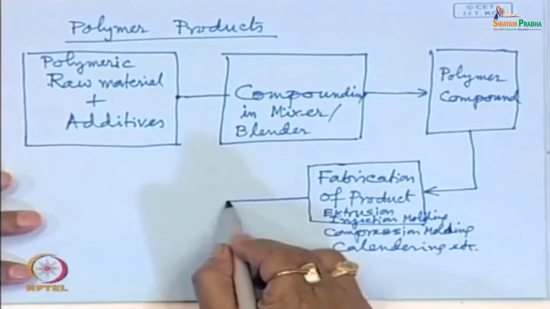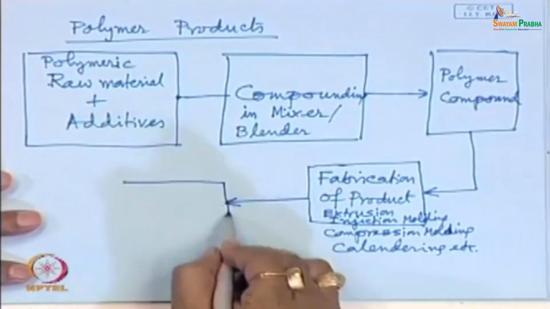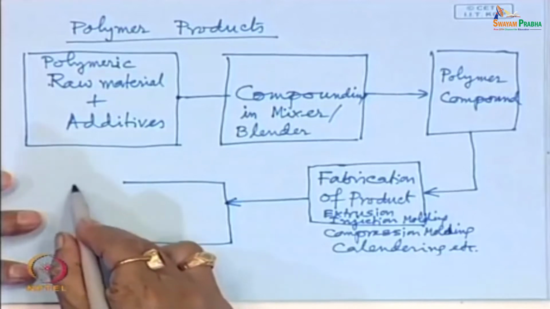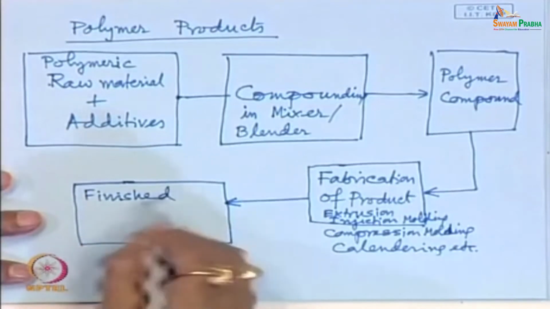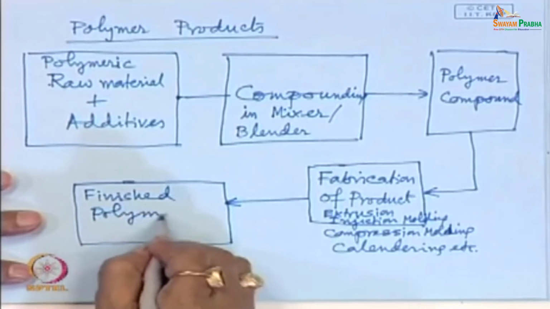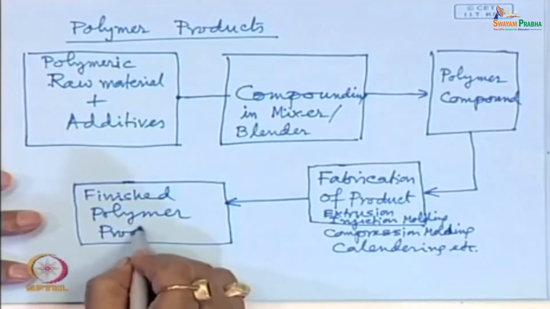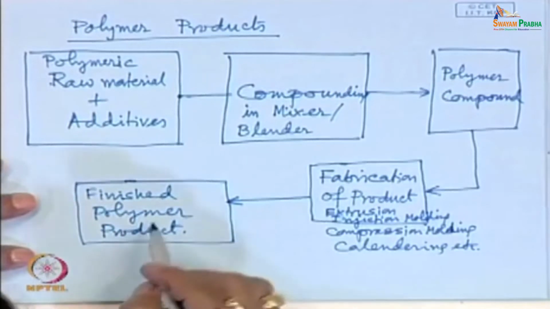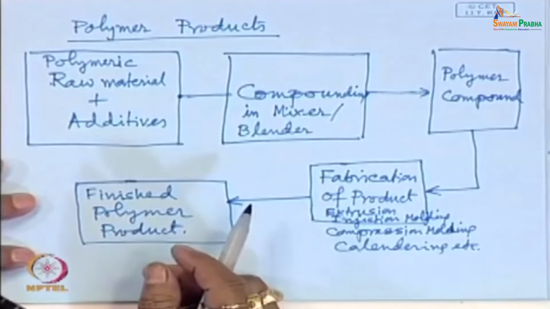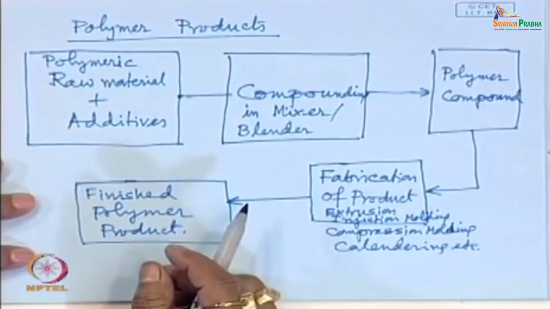So, we get a finished polymer product. So, basically a polymer product is an impure system, you can say, a pure polymer with functional additives.